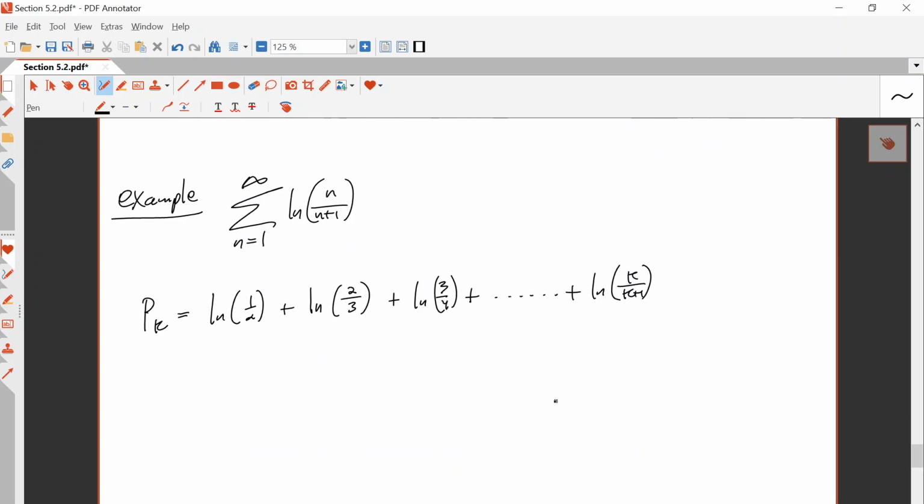I'm just going to write out the whole thing. Nothing's telescoping yet, but remember the log of a fraction breaks up into a difference of logs. Like that.